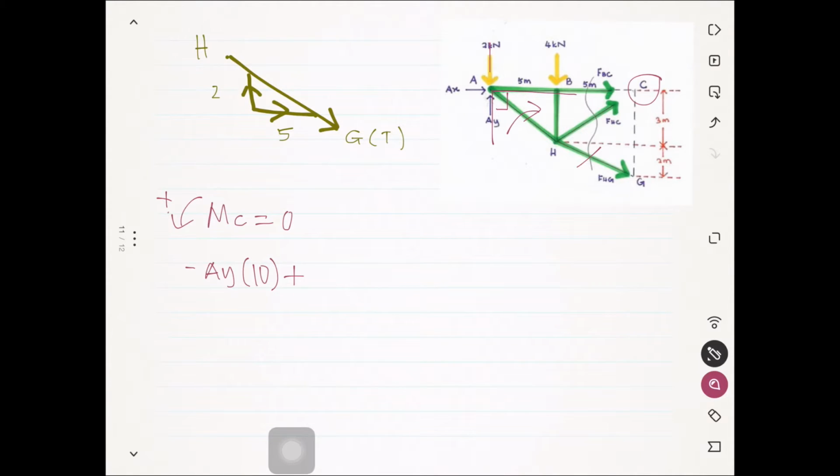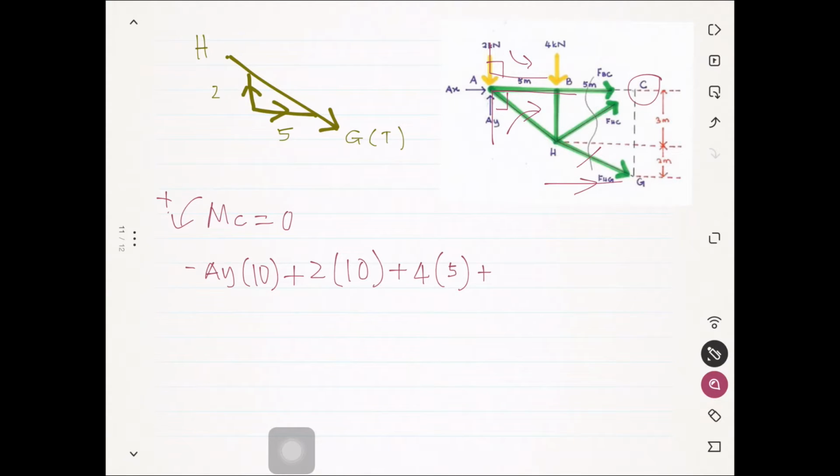Plus 2, from here to here, this is anti-clockwise, plus 2 multiplied by 10 plus 4 multiplied by 5 plus, okay, we resolve for FHG.